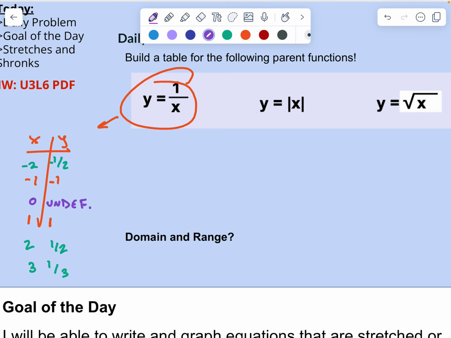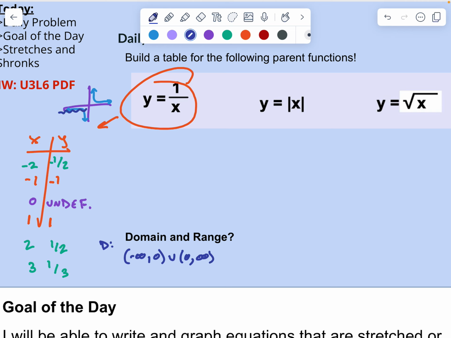Domain and range for this one, if I draw a quick sketch, this is the two-part function with asymptotes like that. Using our brackets and parentheses, interval notation, we could start at -infinity on the x-axis and go until 0, and then we jump across that y-axis, and we would start on the positive side of 0 and go to +infinity.